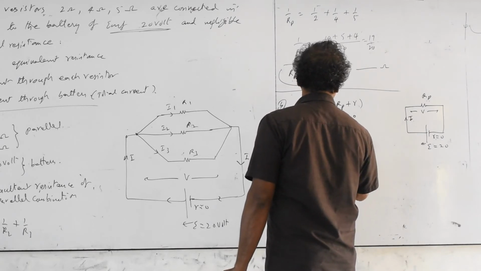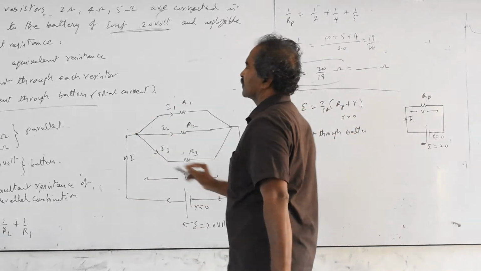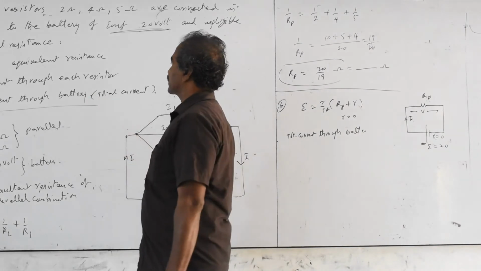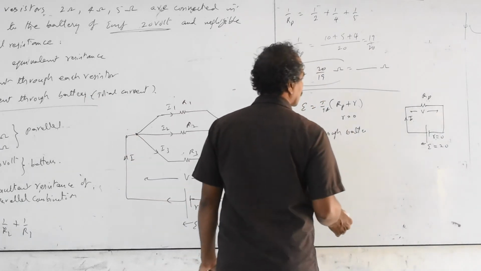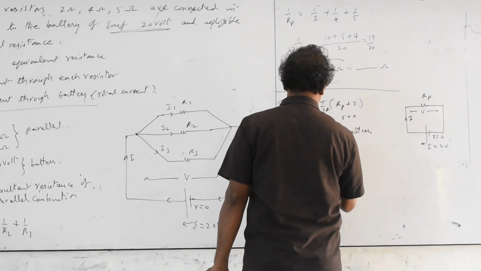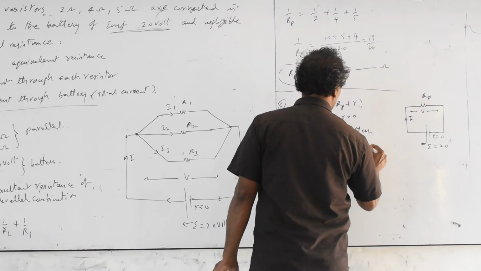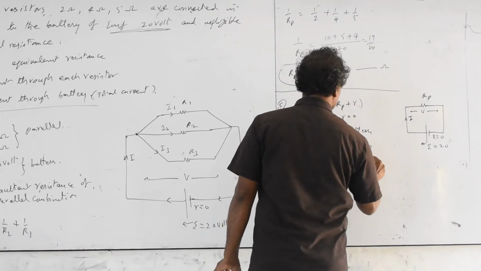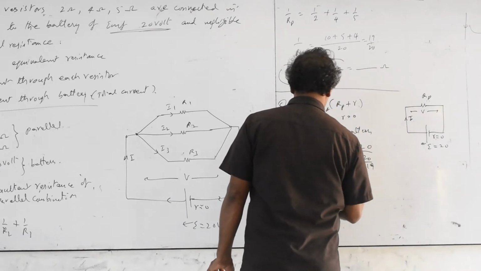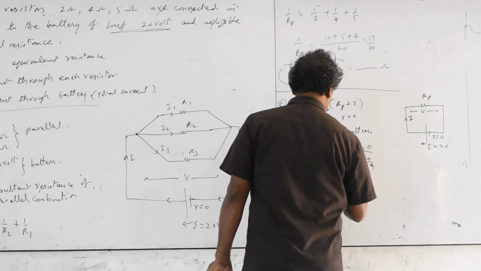The total current through the battery is given as the third one, I'll take it as C. Battery current I is equal to E by R parallel, EMF 20 by R parallel, which is 20 by 20 by 19, so I total is 19 amperes.